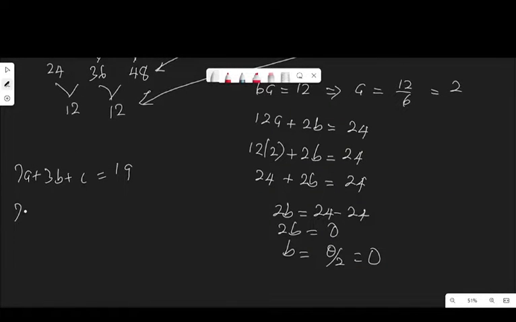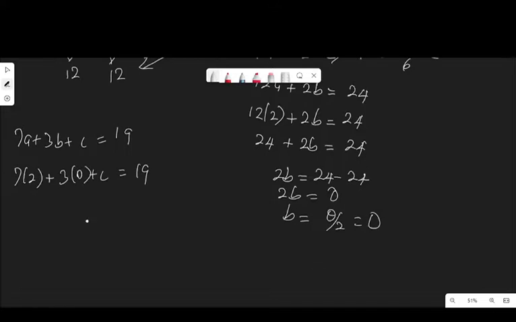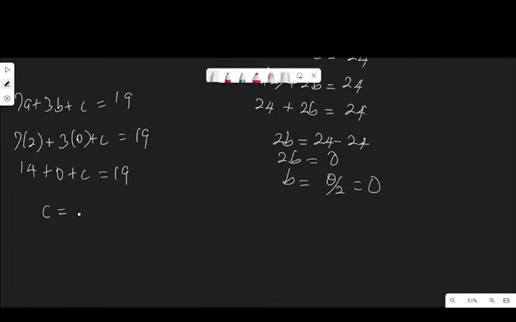That means 7 times 2 plus 3 times b, which is 0, plus c equal to 19. 14 plus 0 plus c is equal to 19. c therefore is 19 minus 14. c is equal to 5.